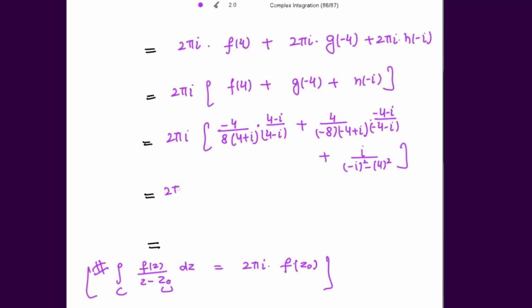So this is 2 pi iota, alright. So this will go by 2. This is minus 4 minus iota divided by twice. Okay, this is a plus b, a minus b, that is 16 minus iota square, which will become 17. Then again this will go by 2. So this is minus 1 over 2.